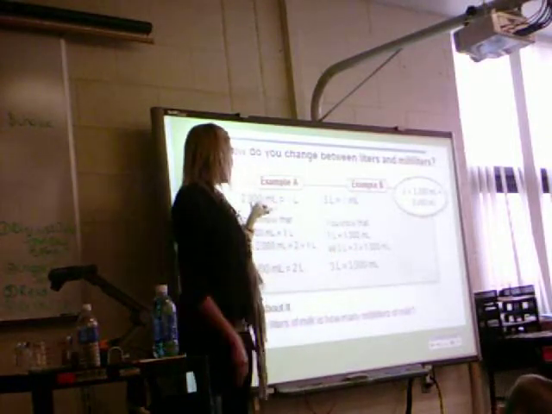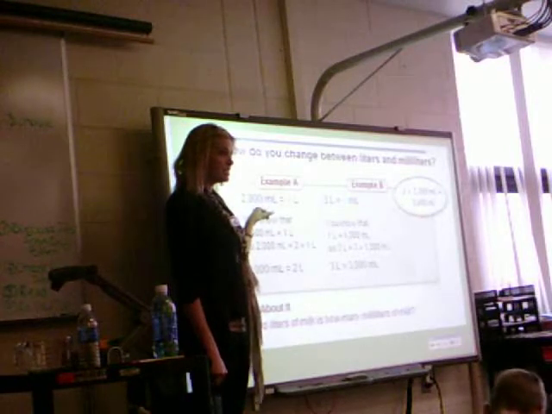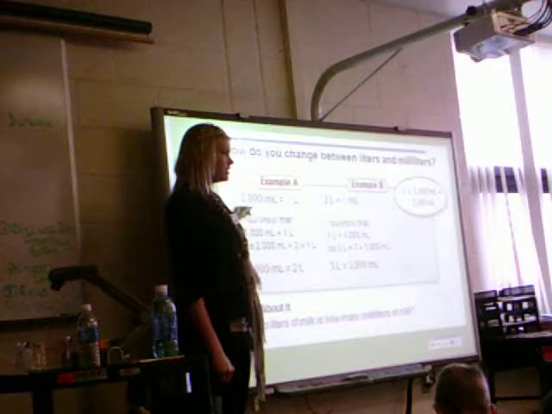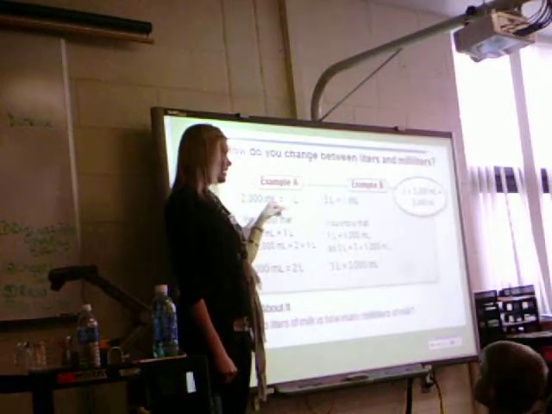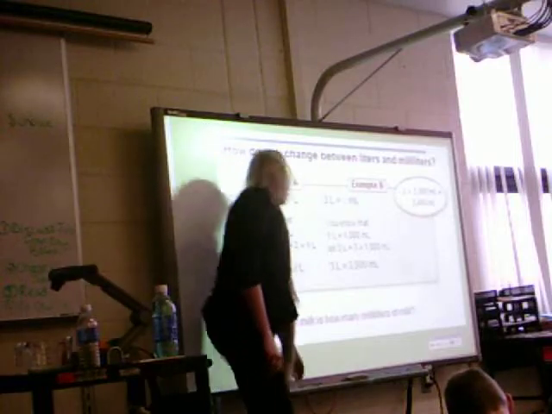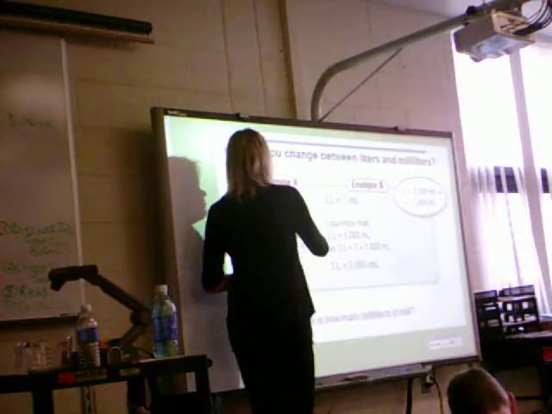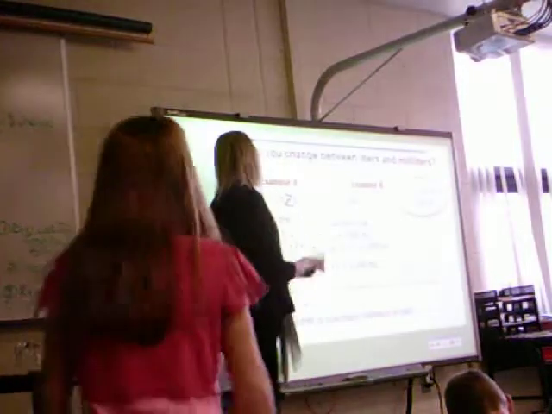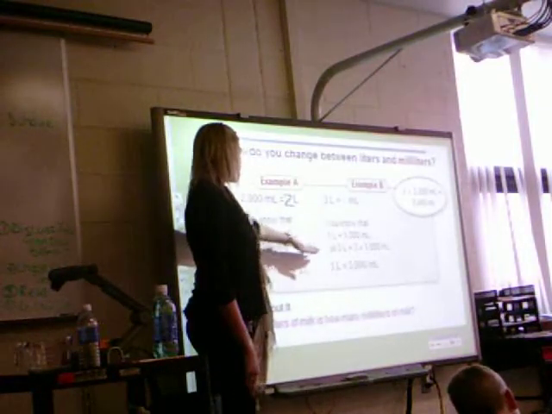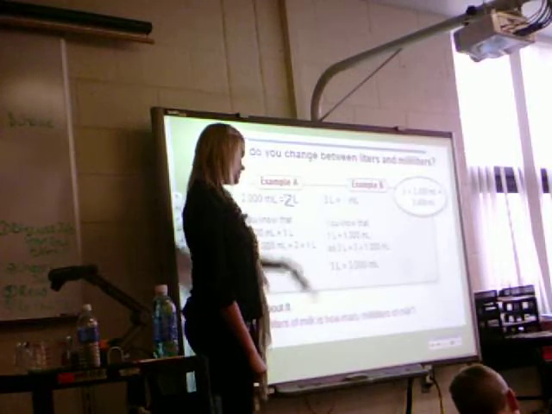If I have 2,000 milliliters, how many liters would I have? Jose, what do you think? 2 liters would equal 2,000 milliliters. And look at how they're multiplied: 2 times 1,000 equals 2,000.